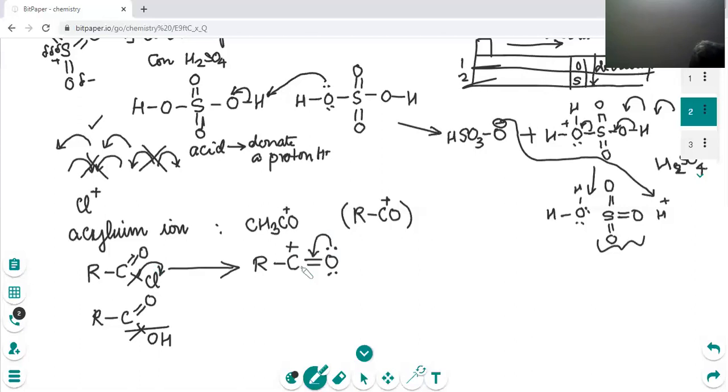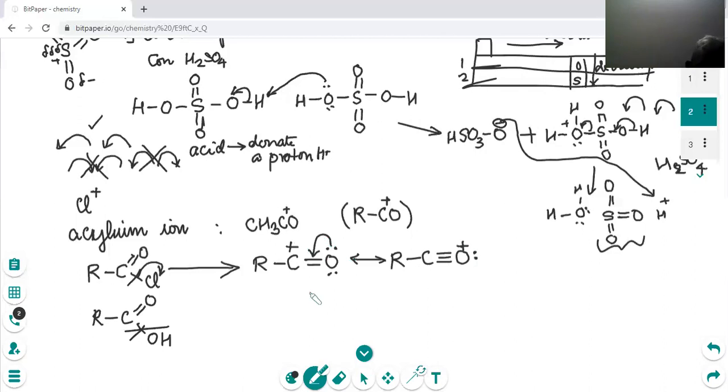And you can write a resonance structure. This is what is called resonance structure, which we are going to learn later. Don't worry. See here. What I'm doing is I'm converting this oxygen lone pair of electrons into a bond pair to neutralize this charge on this side and make this positive. So this is what is called an acylium ion.